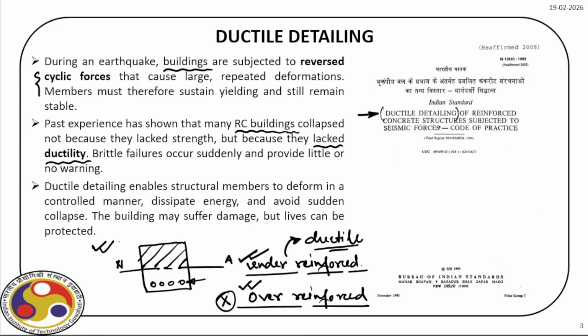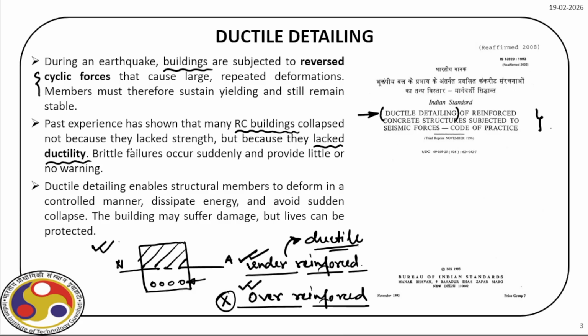So even if we design a structure, beyond that, when we go for detailing, this code is extremely important, and the provisions here help us to incorporate ductility detailing, and during the failure, it really helps.